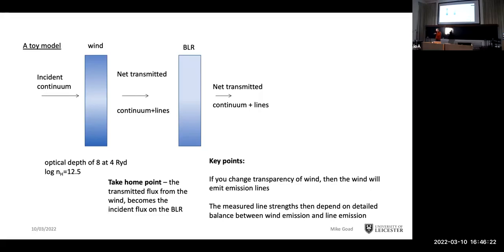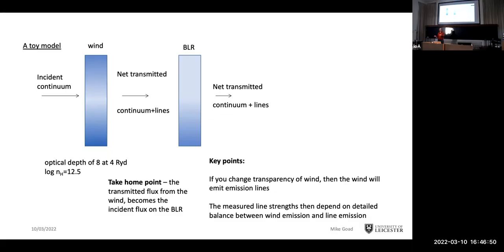But if you increase the density of an obscuring wind, that wind starts to emit emission lines. So you go from transparent wind BLR to BLR plus filtered light, which is going to be much, much weaker anyway. And so there's clearly a game you can play here, which says which component's dominating the emission from the BLR. And so you have to account for both.